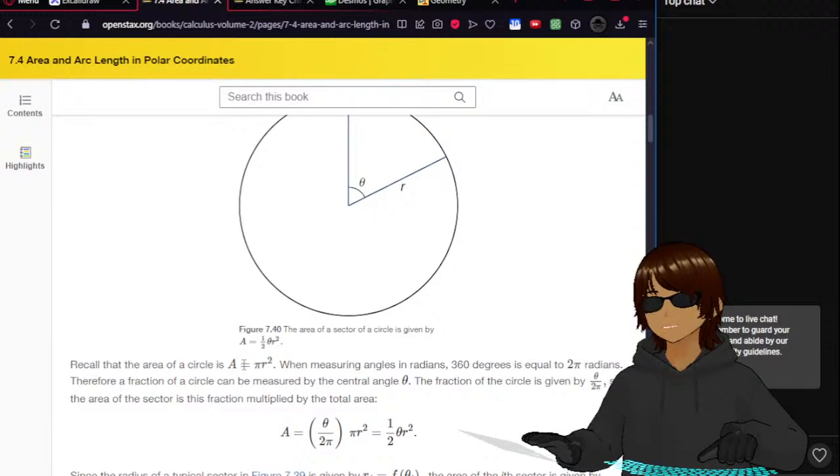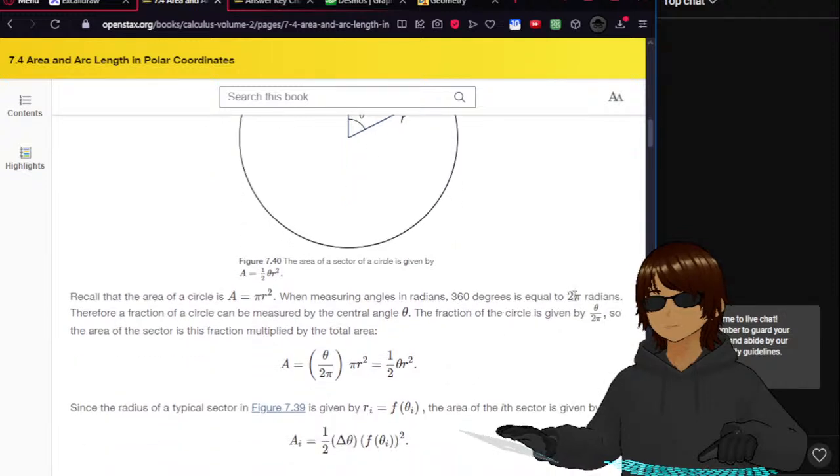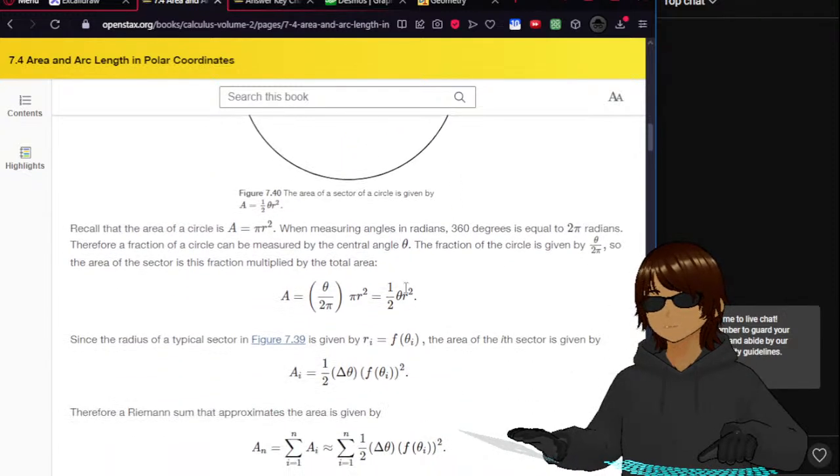Recall that the area is pi r squared. When measuring in radians, 360 degrees is equal to 2 pi radians. So instead of the whole area, we only want theta over 2 pi of it.